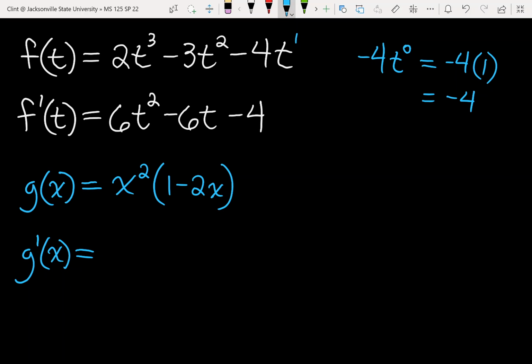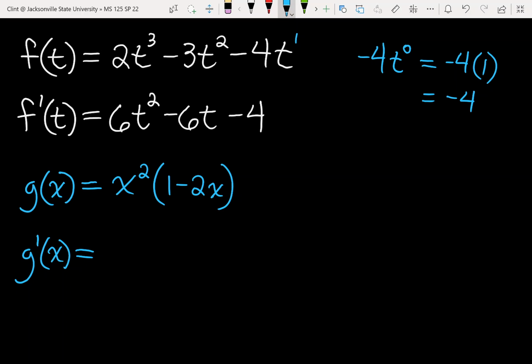Right now, where we're at as far as the knowledge we're supposed to have, in order to do this derivative, we're kind of stuck the way it's written. Because it's written x squared times 1 minus 2x. We haven't talked about how to do that yet. We will in just a few minutes. But we do have another way we can attack that thing.